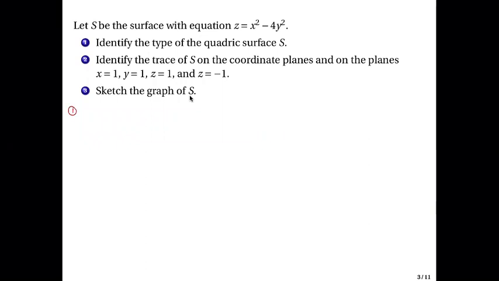So for the type, you can just try to observe this. When x equals 0, you have z equals negative 4y squared, that's a parabola. When y equals 0, that's z equals x squared, that's another parabola.